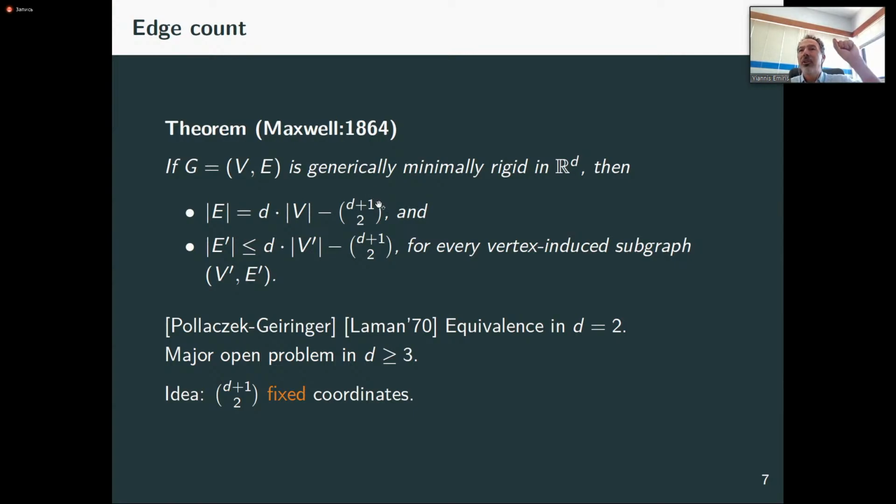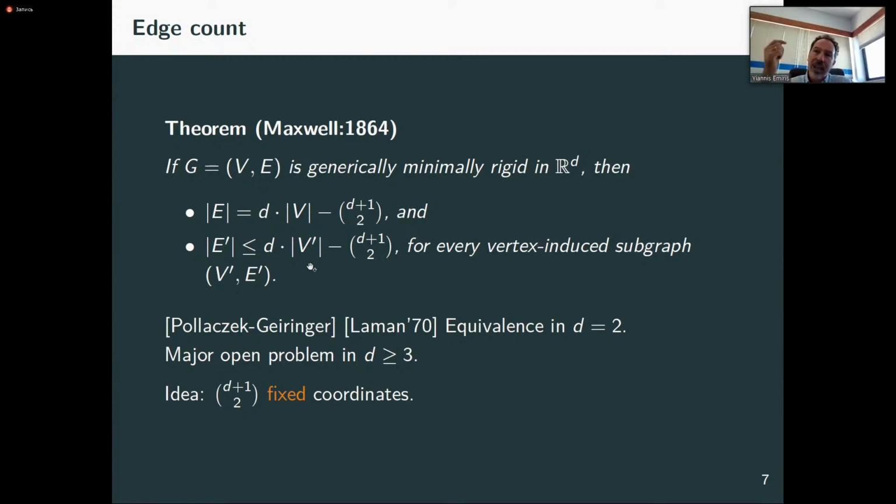It means that I fix the origin, 2 coordinates, and I fix the y coordinate of another vertex to be 0. So I require that the first edge lie on the x-axis, and its length, of course, is given by the constraints here. Okay. I need to fix 3 coordinates equal to 0. In 3 dimensions, this goes up to 6 and so on.